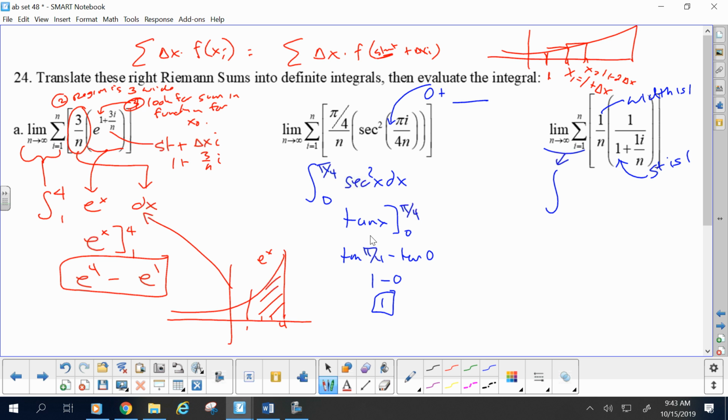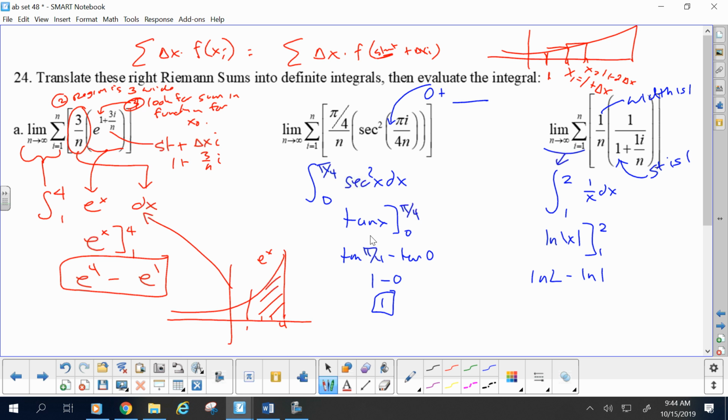What are your bounds? 1 to 2. Okay. What's your function? 1 over x. Okay, what's the antiderivative of 1 over x? Natural log of 2 minus natural log of 1.